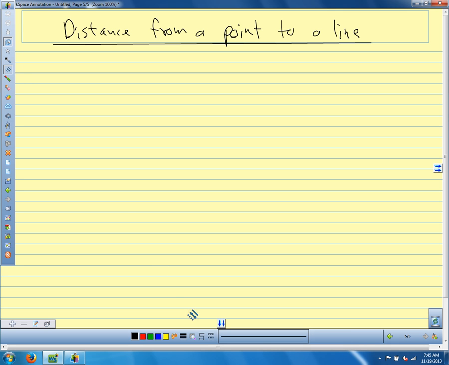So let me draw a picture here. Here's our line. And here's our point. Let me call this point Q. We want the distance from Q to the line. So what we're going to do is use vectors.